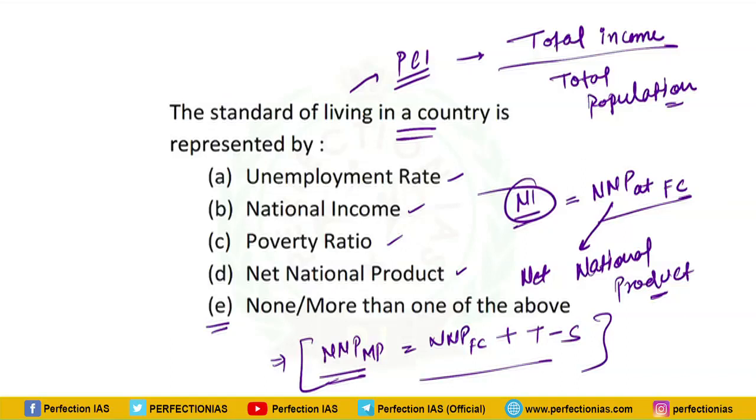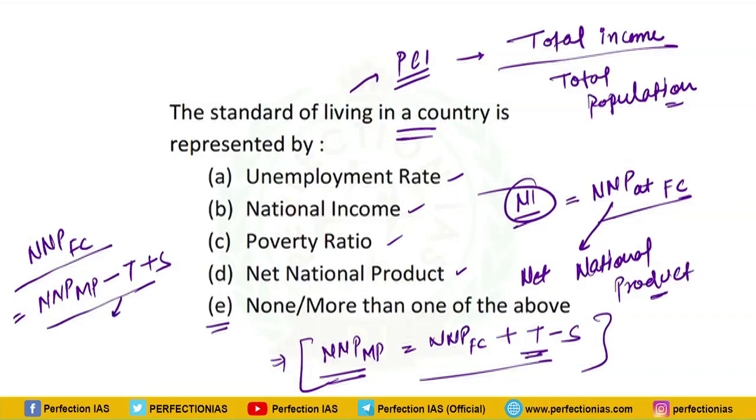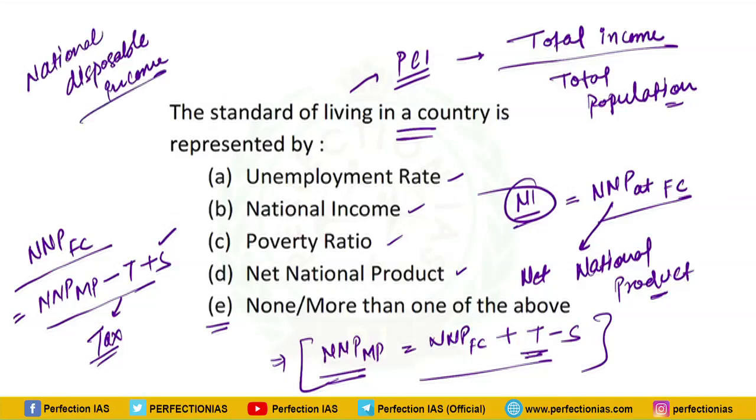If we have to derive NNP at factor cost, it will be equal to NNP at market price, and now this T will be shifted that side, so minus T plus S. T stands for indirect taxes and S stands for subsidies. Now there is one more term, national disposable income, that is NDI.